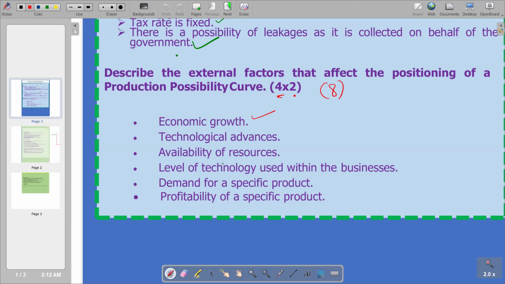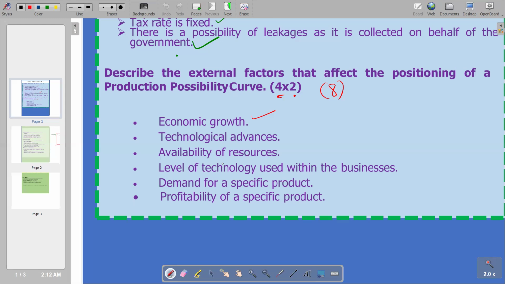If resources are depleting, or we have a reduction of resources in the production of those two typical goods that we are producing under the production possibility curve, it means the PPC is going to shift inwards, indicating that there is a decrease in the total goods being produced. The opposite is true. If we have more availability of resources, we are going to have more production of goods and services, and the PPC will shift outwards.